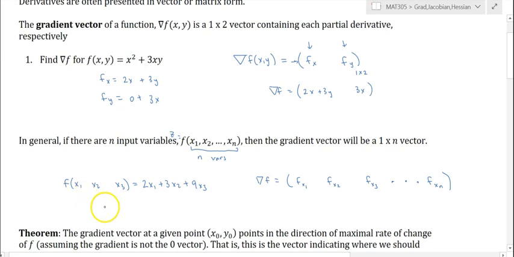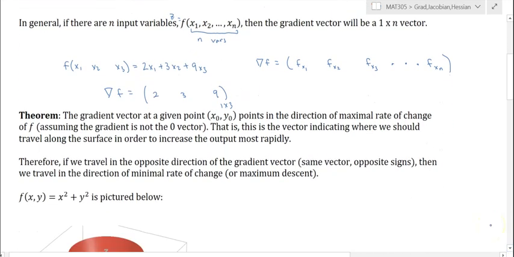Well, then our partials, and I'm just going to do this intuitively, the derivative with respect to x1, well, these other two would be 0 since all of the other variables are being held constant. And the derivative of this would just be 2. And then the derivative with respect to x2 would be just 3. And the derivative with respect to x3 would be 9. So we would have this 1 by 3 vector of derivatives.